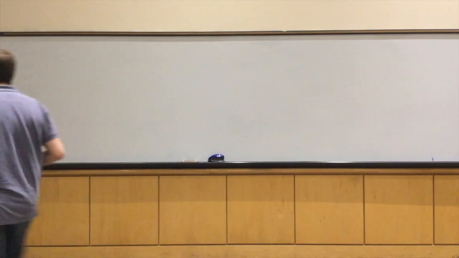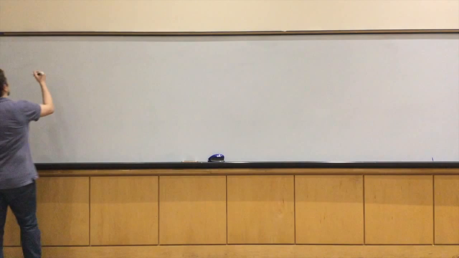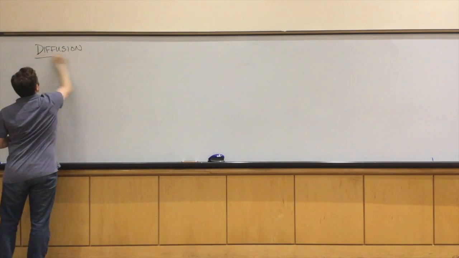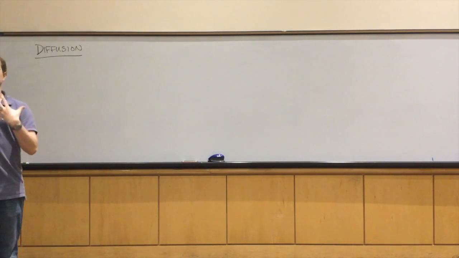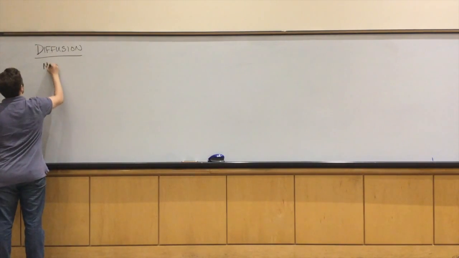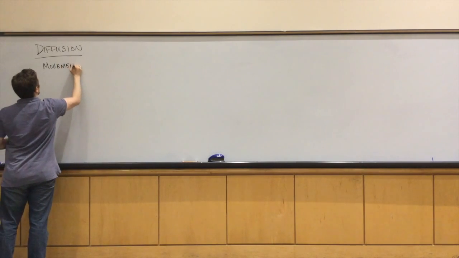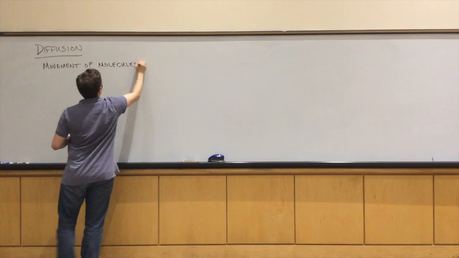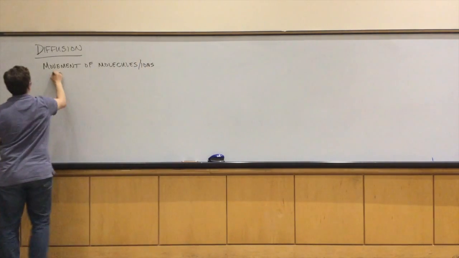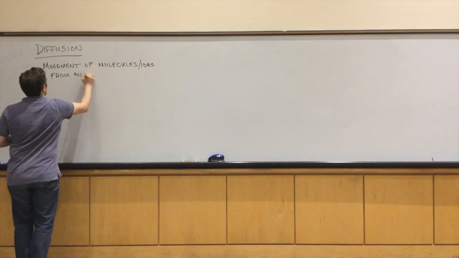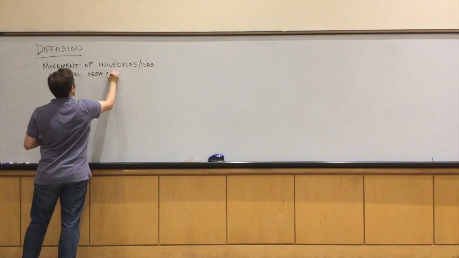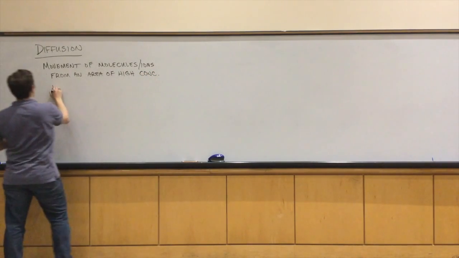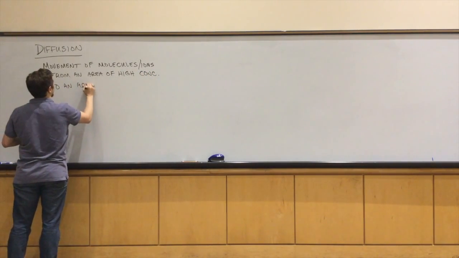The first unit I'd like to cover today is going to be the one that you did immediately after the break, which was the one on diffusion. Okay, so when talking about diffusion, remember what we're really talking about is the movement of molecules or ions from an area of high concentration to an area of low concentration.